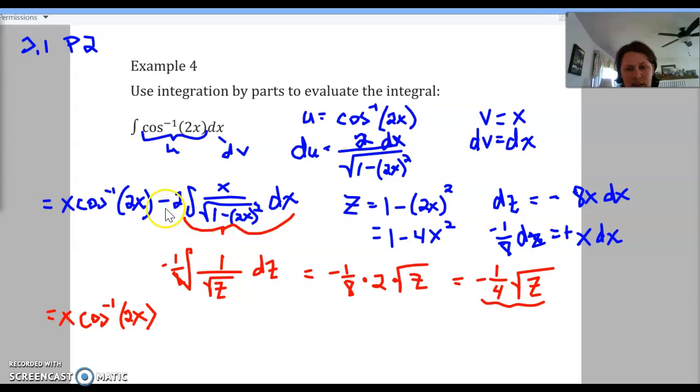So we still got this negative 2, so that's going to become a plus 1/2 square root of z. Oh, we need to plug z back in. Let's plug z back in right now so we don't have to write it all over again. What is z? z is 1 minus 2x squared. Perfect. And then plus c. We could have also written the 4x squared, this one down here too, but either way is good. Okay, and that's our solution.